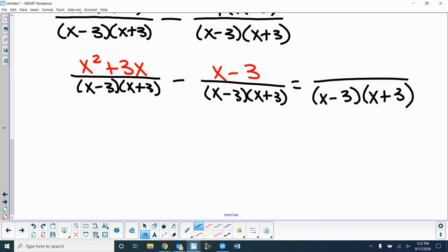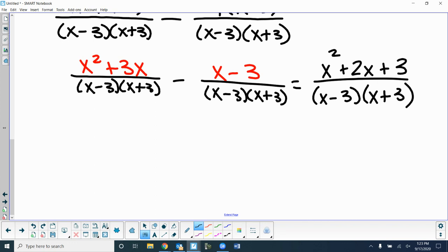Okay. Ashton, what's the numerator? Put them together. It's x squared plus 2x plus 3. Very good. It's plus 3. What's minus a negative? Plus.